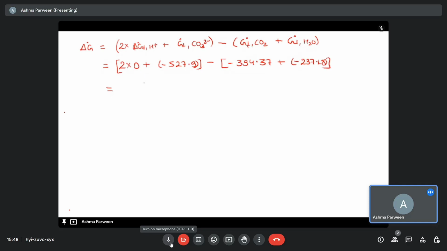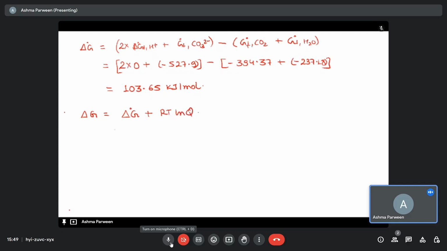After calculating, we are getting delta G naught as 103.65 kilojoules per mole. So we know that at equilibrium this will be the delta G naught, but the reaction is not at equilibrium. So to find the Gibbs energy at any other condition, we use this formula: delta G is equal to delta G naught plus RT ln Q.